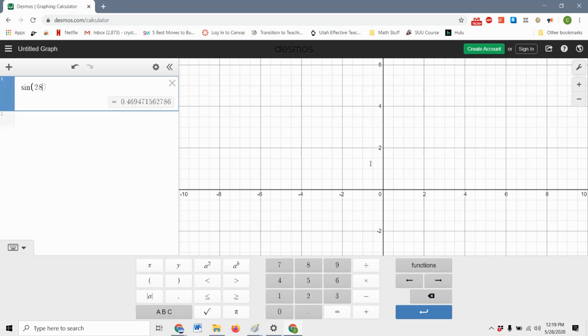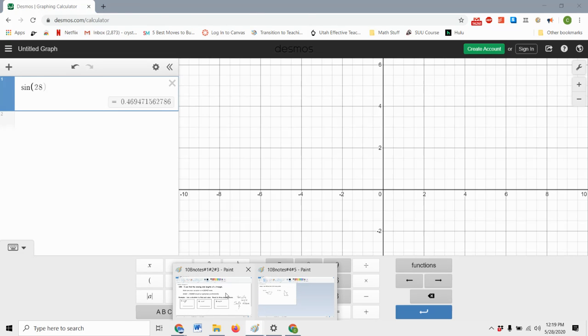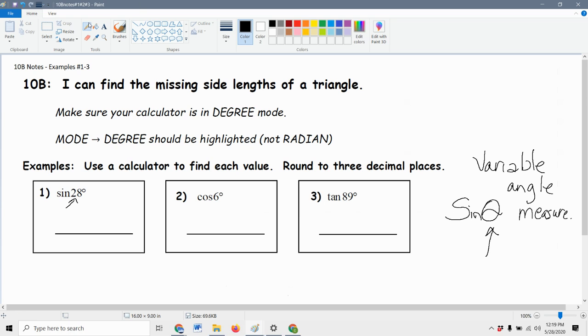And if it's 5 or above, we'll round up. Because that third number is a 9, we will round that 6 to a 7. So on our homework, we'll write our answer as 0.47.